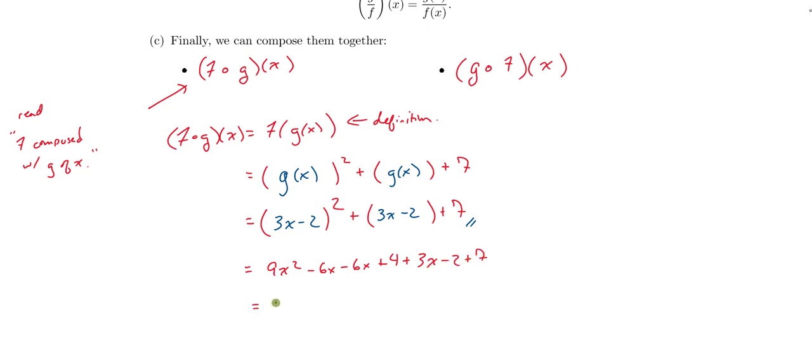And if I were to combine together all like terms, we end up with 9x squared minus 12x plus 3x, which would be minus 9x, and then we get plus 11.